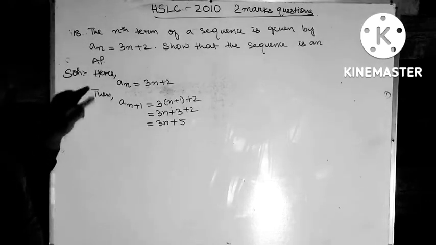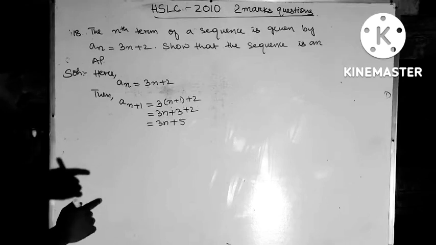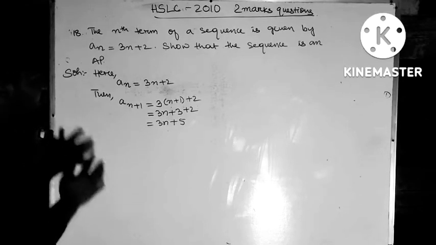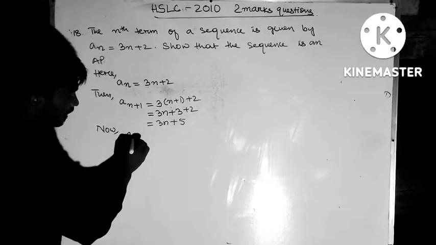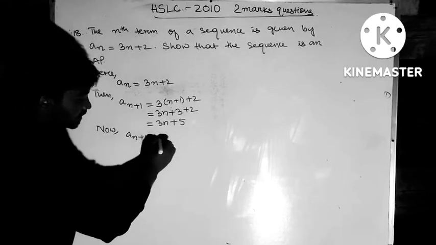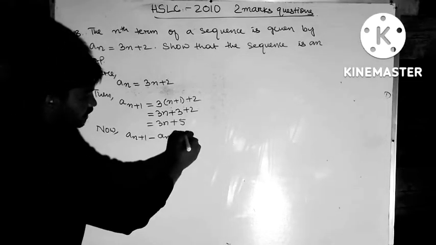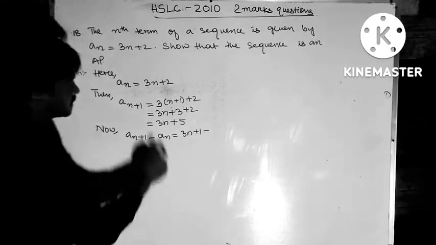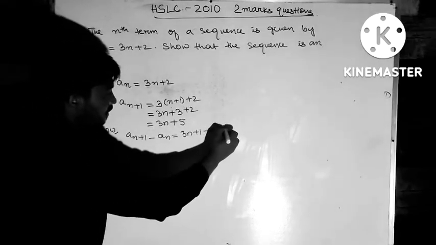Right, we get 3n plus 5. Now we are going to subtract these two. When you subtract these two, if we get a constant term, that is a number, then it is an AP. Now an plus 1 minus an, what do we get? an plus 1 is 3n plus 5, and an is 3n plus 2.